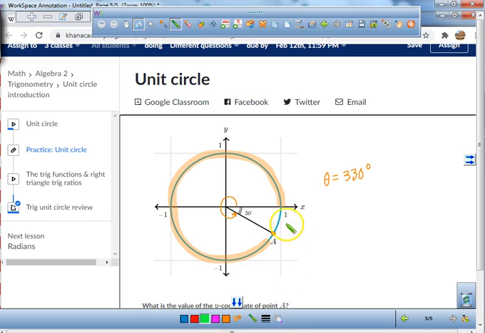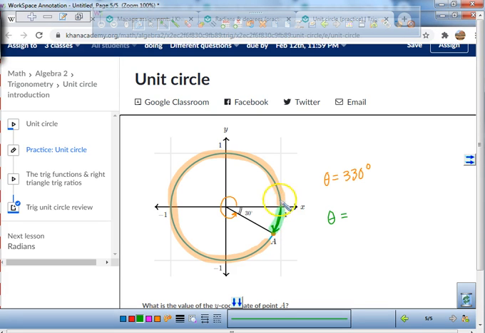Now check this out. What if I went backwards? What if I started here and I went backwards? You know what theta could also equal? If you had to take a reasonable guess, if I went backwards, which is not going counterclockwise, but I went clockwise, I could say that's equal to what? Negative 30.